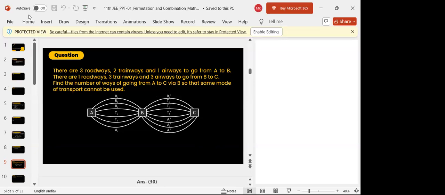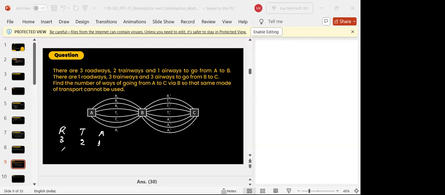Let's do it. Roadway, train, airway: 3, 2, 1. Then here 1, then 3, 3.